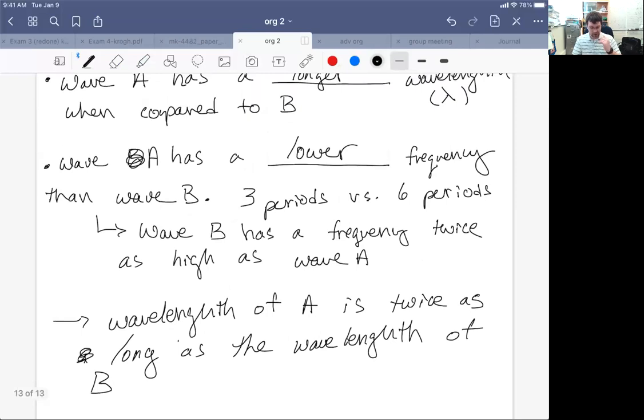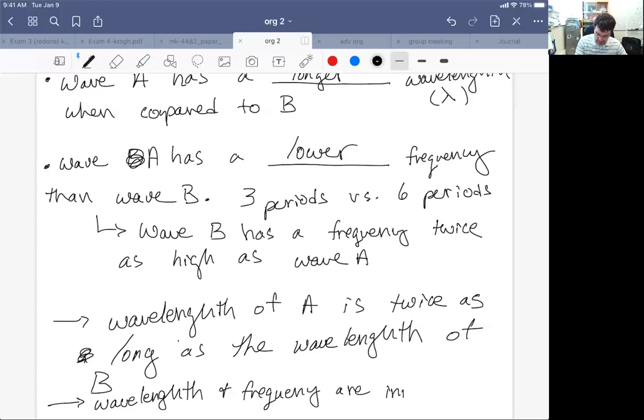Now, there are a few things I want us to recognize before we break. The first is that wavelength and frequency are inversely related.